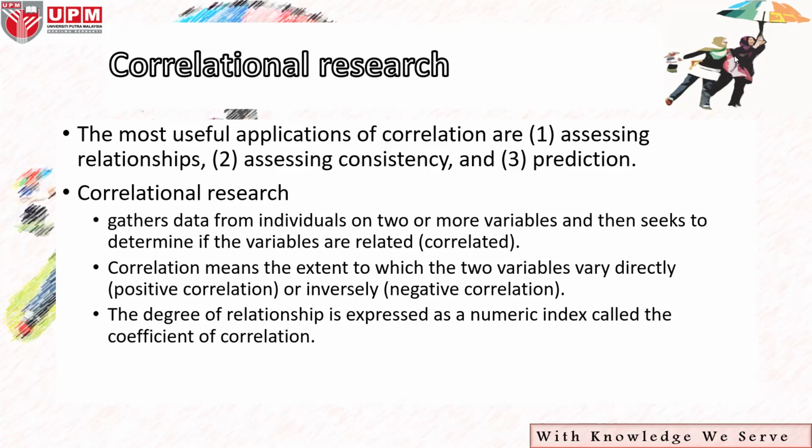Then if you are interested to see the correlation, for example, the analysis that you are going to use are the analysis related to correlation. For example, we have Pearson product moment correlation, and then we have Spearman rank order correlation, or we can use the simple linear regression or multiple linear regression.